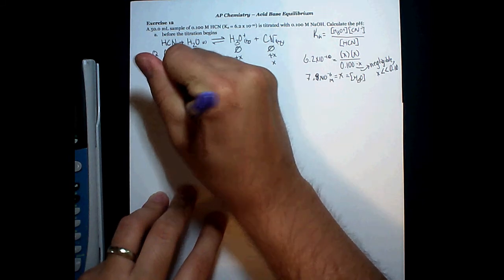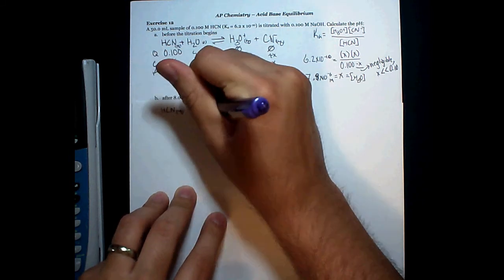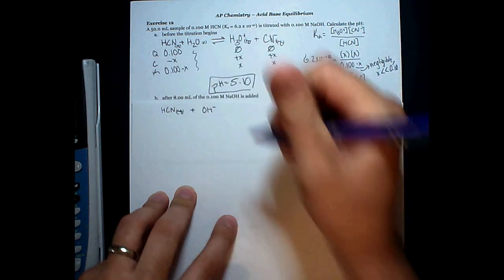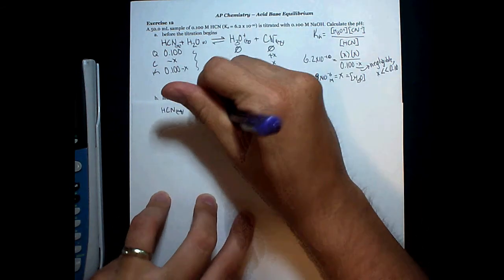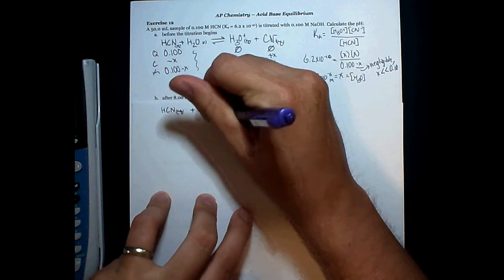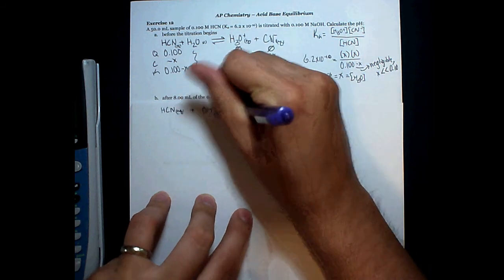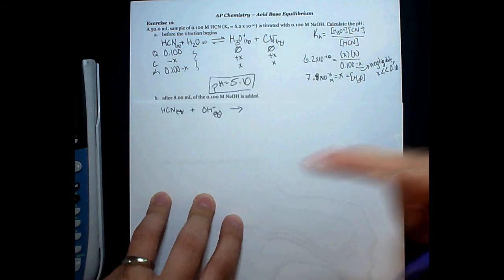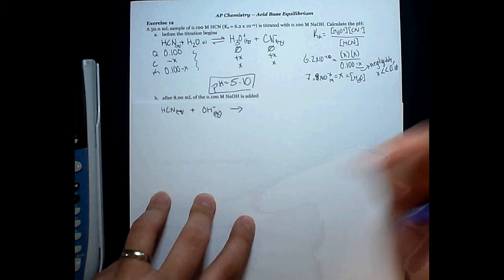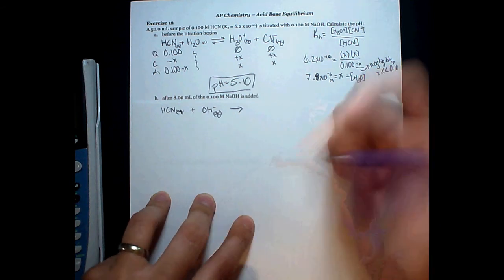aqueous reacting with the hydroxide ion that we're adding. I'm writing the net ionic as we go. The Na is not going to do anything in the reaction, so we don't have to write that. Now this is not equilibrium, this is just a normal titration reaction.